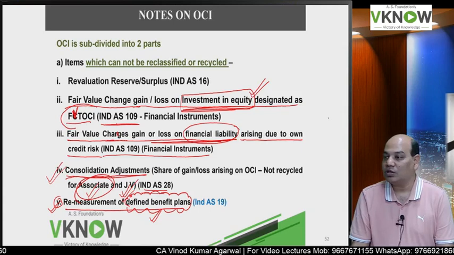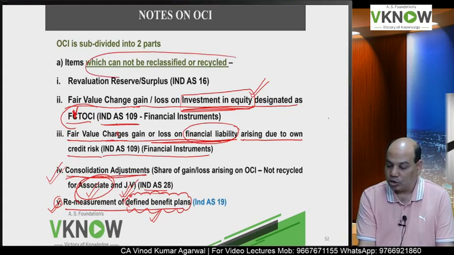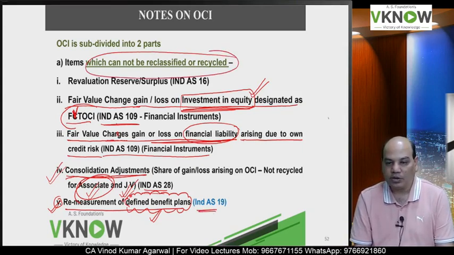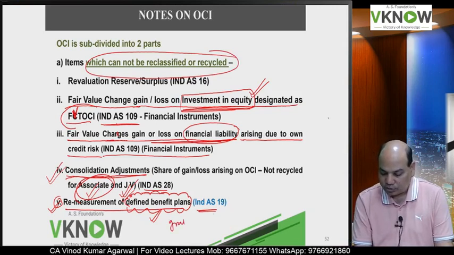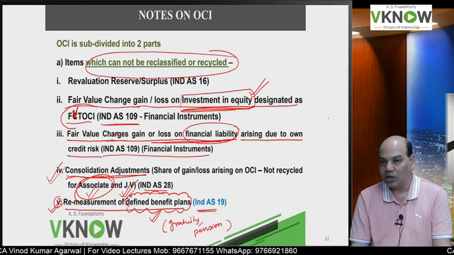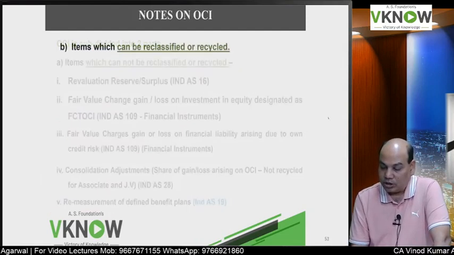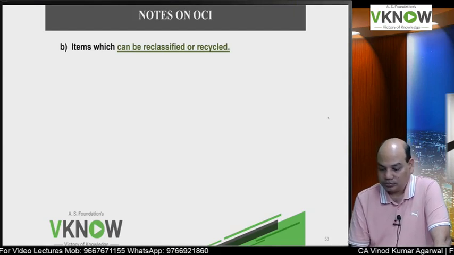So that change in the value will be routed through OCI item under the head non-recyclable. More about defined benefit plan we will discuss in Ind AS 19. Example, if you want to understand gratuity, pension, where the company is obliged to pay what they have promised to the employee when he will retire, and it is estimated by actuary and the valuation keeps changing.